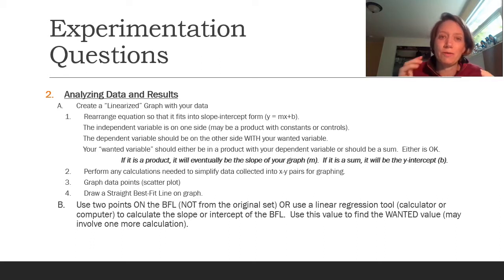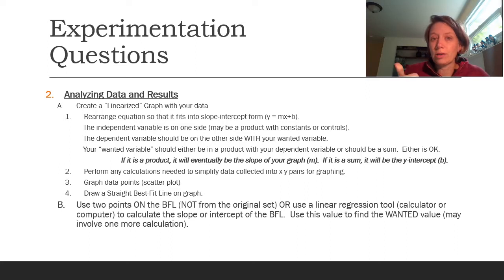Once we've done that, we're done with our background stuff. We now have to figure out, how does this graph actually give me the wanted value? And as we said, it's going to be one of two things once we've got our best fit line. Either your wanted value is somehow incorporated in the slope, so you want to take the slope of the graph, or it's going to be somehow in the b, which is the intercept of the graph. So you can pull those values right off the graph, either by finding the slope of the graph manually, or you can use some sort of linear regression tool.